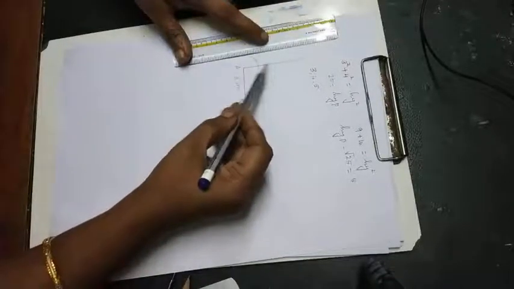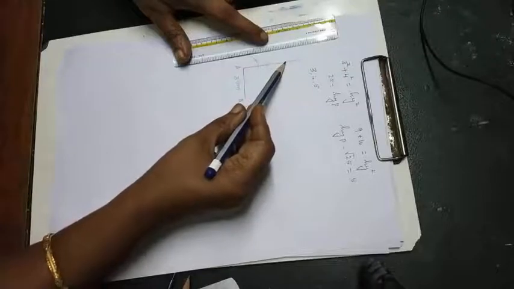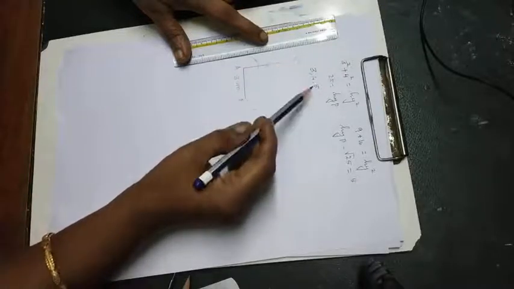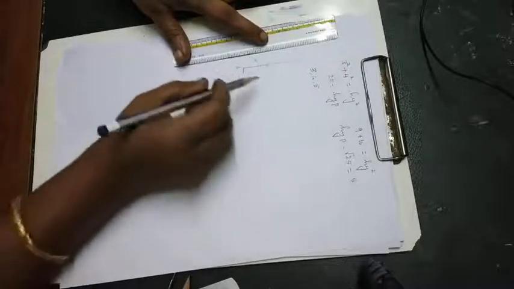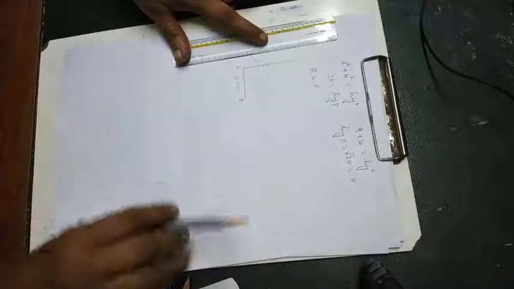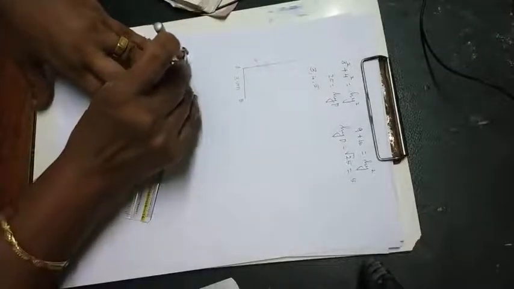Now in this one you have to take 4. Why 4 you have to take here? Because 5 is the hypotenuse, that means this side it will come. So 4 centimeter on the compass you take. Then mark that. Okay.